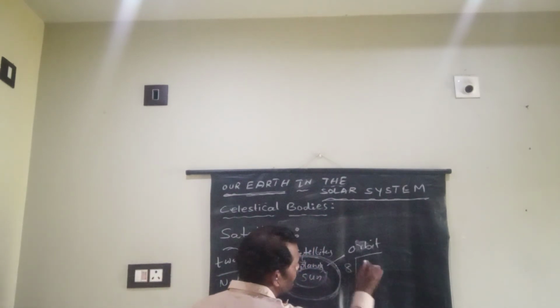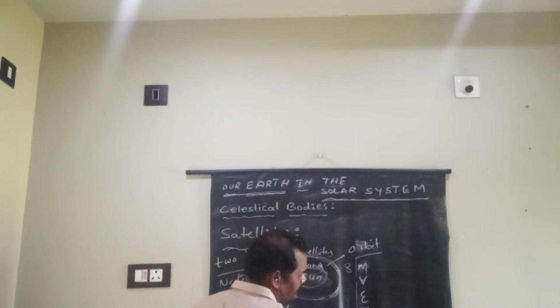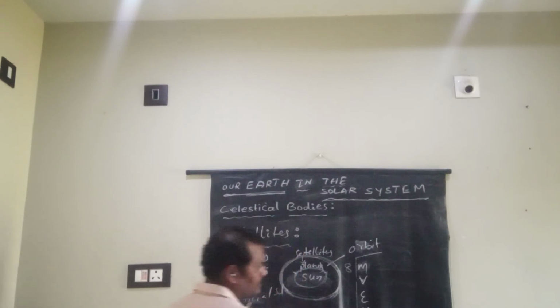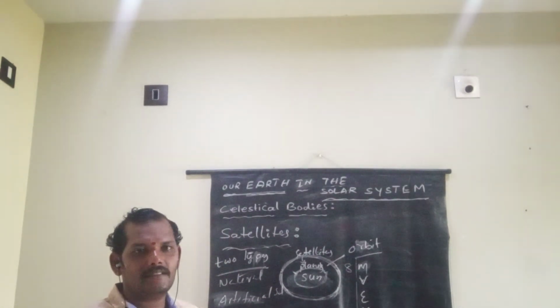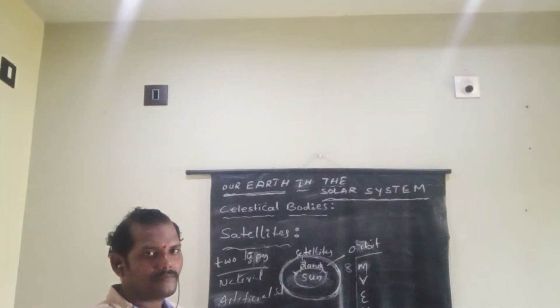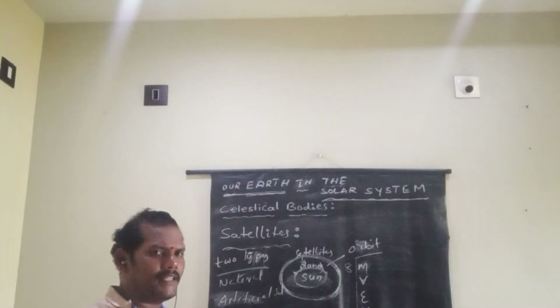Eight planets: Mercury, Venus, Earth, Mars, Jupiter, Saturn, Uranus, and Neptune. Every planet has satellites, but this is different from one planet to another.